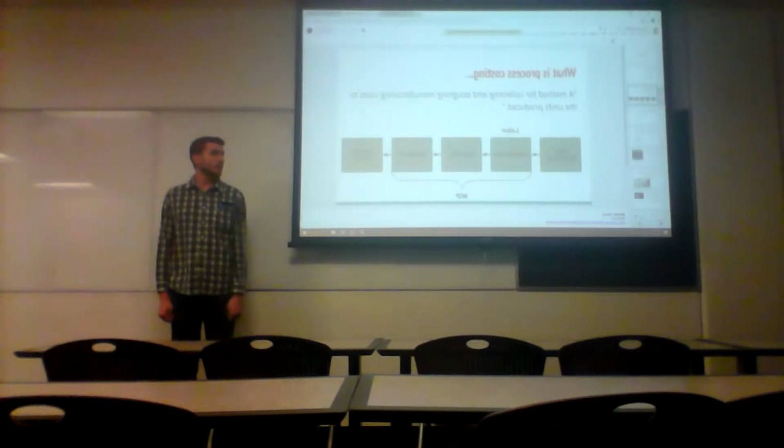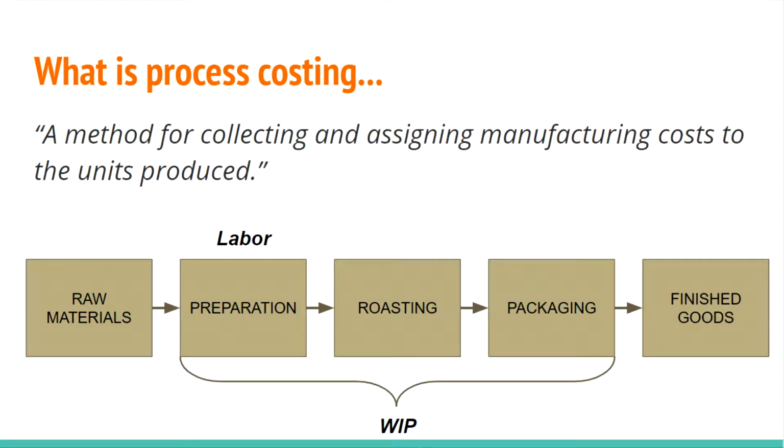According to this slide right here, process costing is a method for collecting and assigning manufacturing costs to the units produced. In the example shown on the screen, it tracks a given process for producing a product to a finished good. You start with raw materials, preparation, then the roasting, finally packaging, and then you got yourself a finished good.